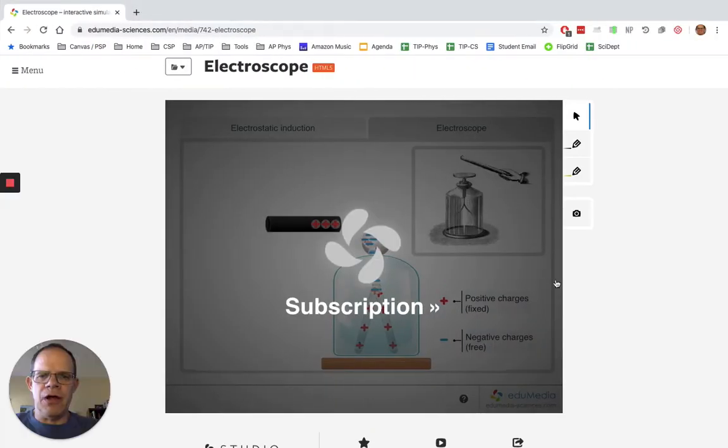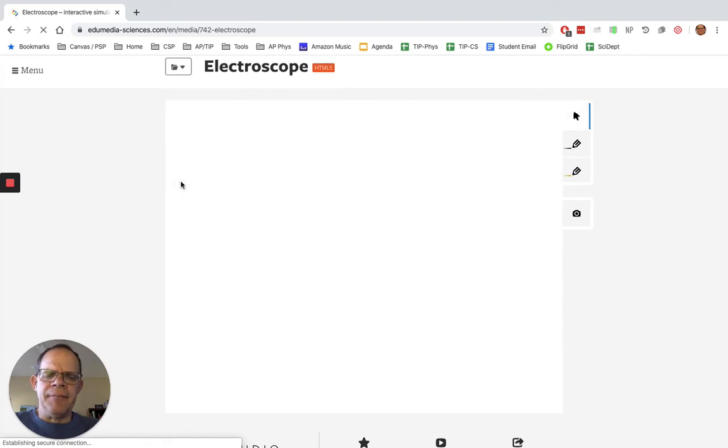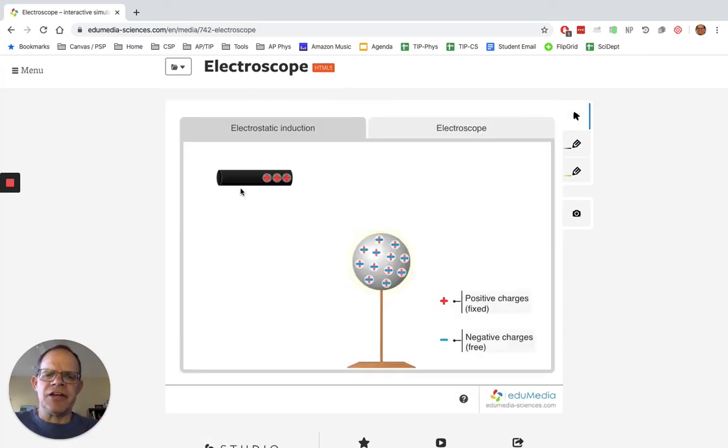So to show you how that works, here's a little applet, which will help us visualize what's going on. So I take an amber rod, I rub it on some cat fur, and I steal some of the electrons off of it so it has a net positive charge. So here's my amber rod with a net positive charge.